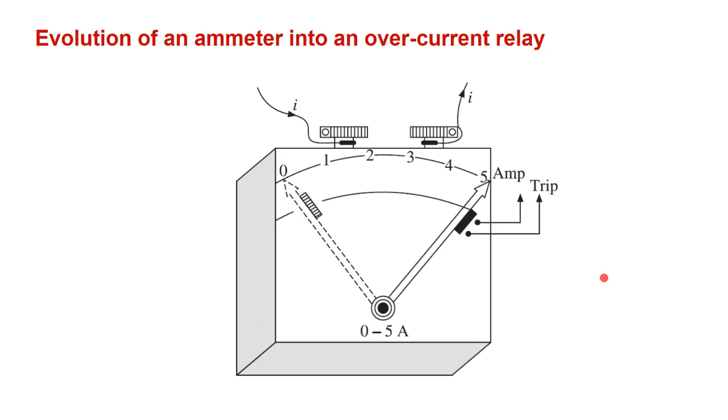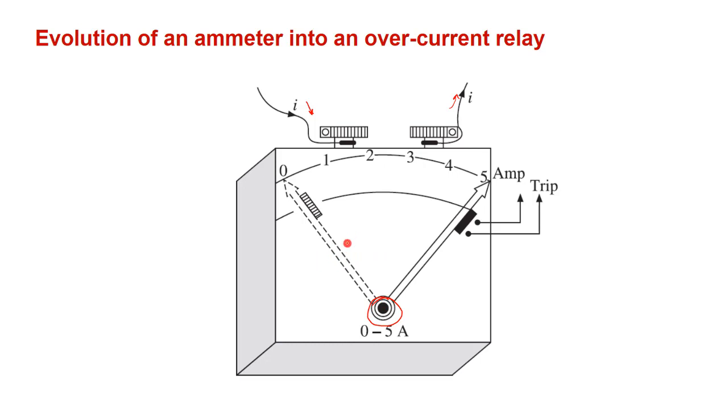Ammeters we connect in series in any circuit to measure the current. When we feed the current, there is a coil which creates the deflection torque, and also there is a spring that creates the opposing, restraining torque.